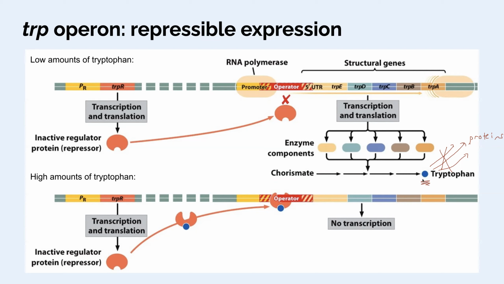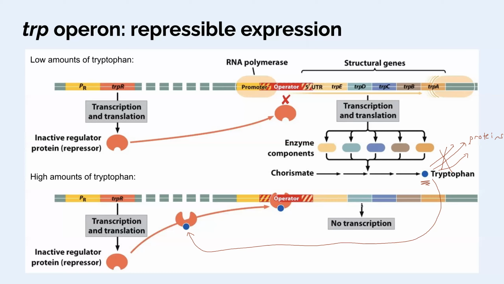So that becomes a signal, this circle molecule of tryptophan, that becomes the signal molecule to interact with the repressor, and that causes the repressor to change shape and now be able to prevent transcription.